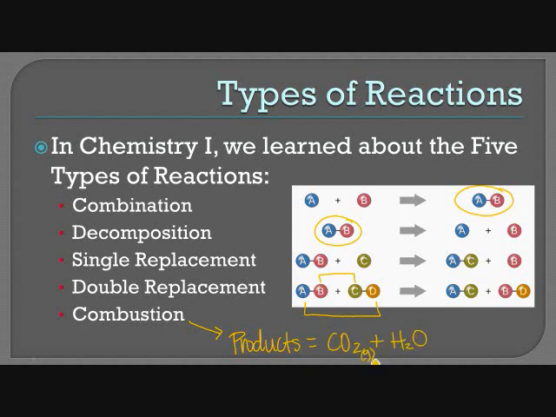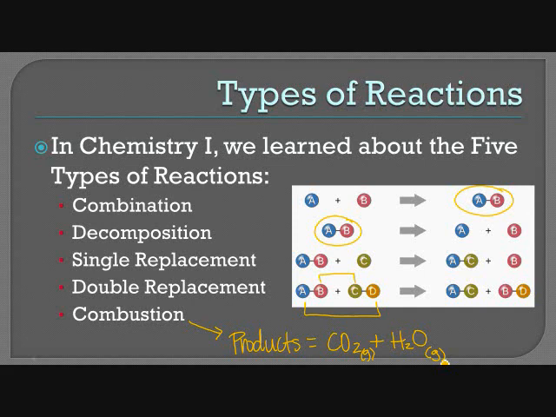Carbon dioxide and water. You could call it water liquid or water vapor. I've read different things about that. Some people say it's liquid, but then there's so much heat produced from a combustion reaction that it instantly turns to vapor. So I wouldn't take off either one that you label it for that.